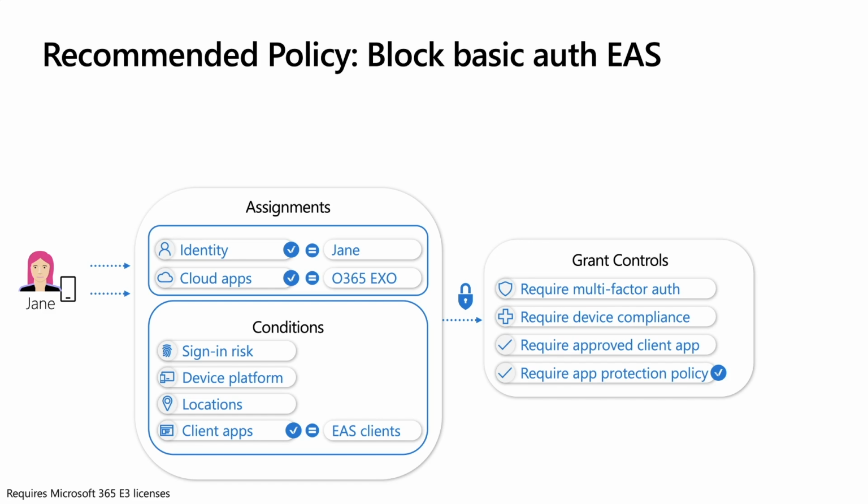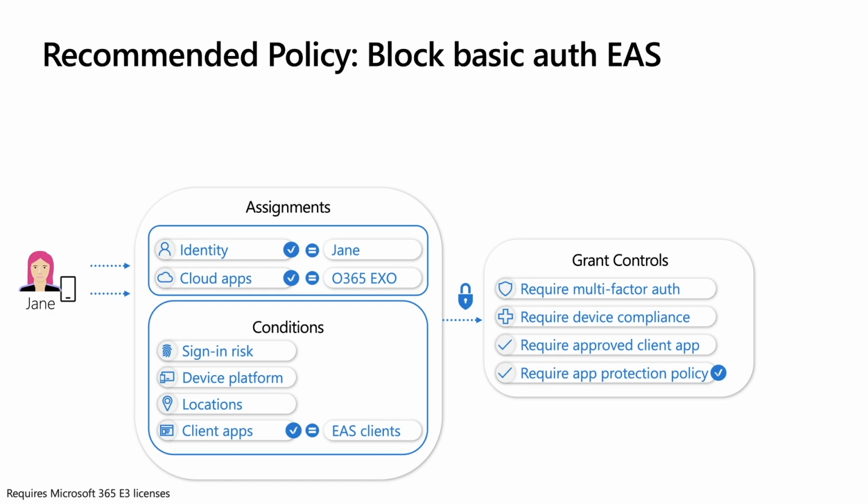The reason why we can be granular with this policy is because Exchange Online is the only service endpoint that supports Exchange ActiveSync. From a condition standpoint, we're going to target our Exchange ActiveSync clients as a client app condition.